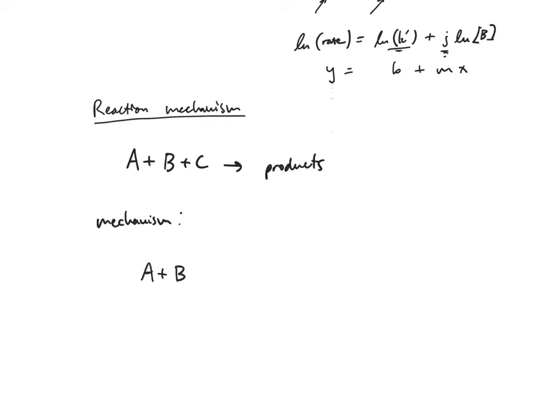First, A combines with B to form a complex, AB, and let's say that this step of the reaction mechanism is slow. Then the second step, this complex of A and B reacts with C, and that forms the products. And let's just say, for the sake of argument, that this step is fast.